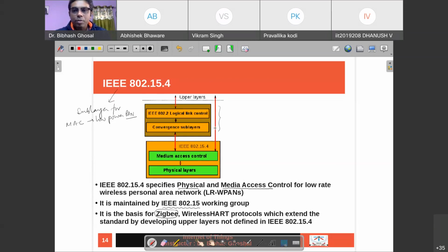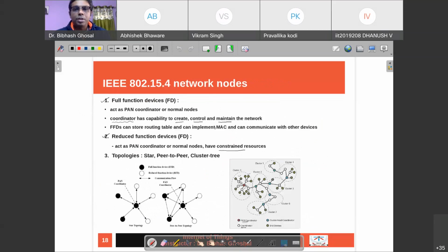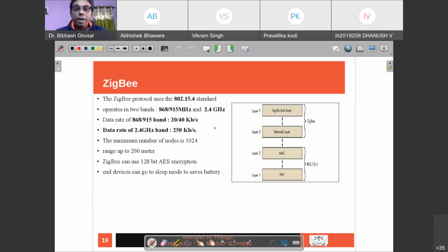So people thought that if we can build some application layers on top of the already established IEEE 802.15.4, and that is what gave rise to Zigbee. The Zigbee protocol uses this standard for the physical and the MAC layer, and the network and the application layer are built on top of that.